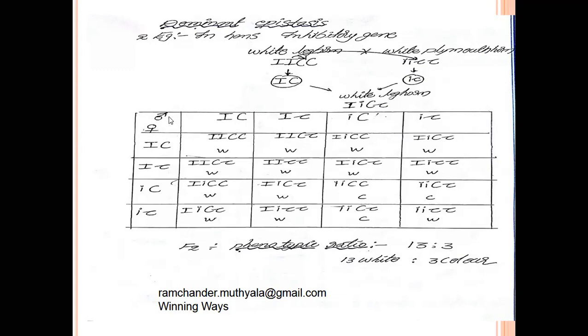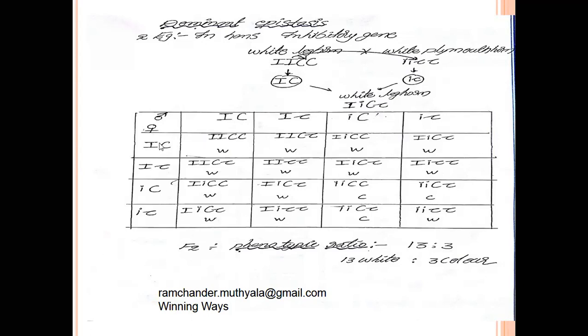One parental F1 white leghorn hen produces 4 types of gametes. They are capital I, capital C; capital I, small c; small i, capital C; and small i, small c. These are the 4 types of gametes developed from one parent of the F1.